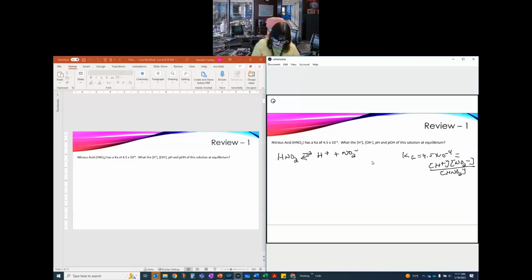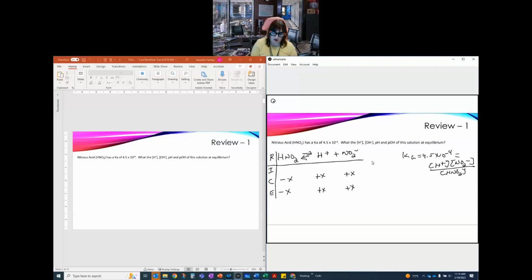So this is my R. I don't have any initial conditions, but I know that this is going to be a minus x, this is going to be a plus x, this is going to be a plus x, and that's not going to be enough for me to be able to solve this. So that was what I identified, I don't have an initial concentration.